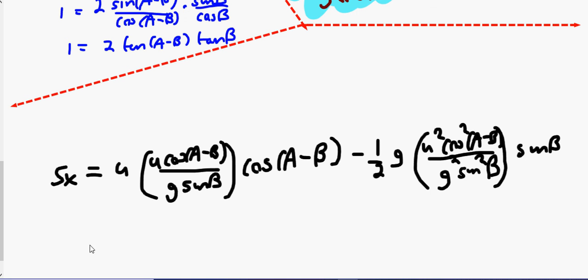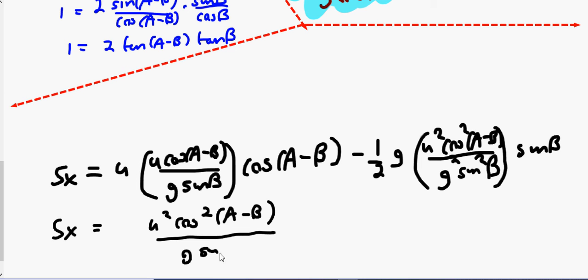Now let's multiply this out. Absolute monstrosity, all right? So u squared. Would everybody be happy with cos squared(a minus b)? Cool with that? And then after that, it's actually going to turn out quite nicely in a second.